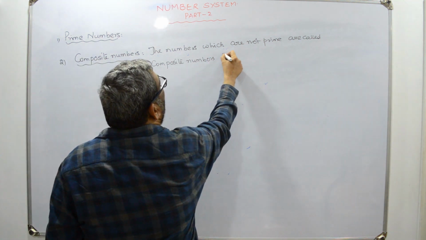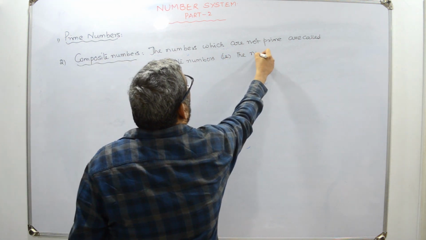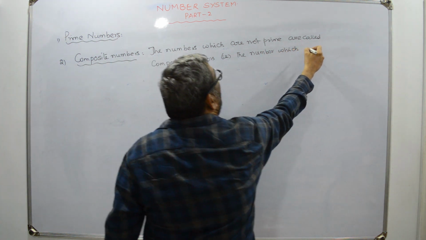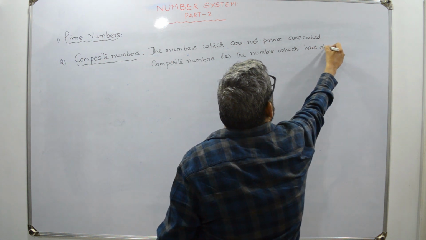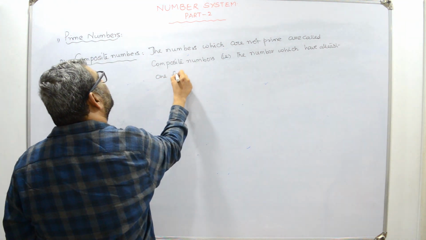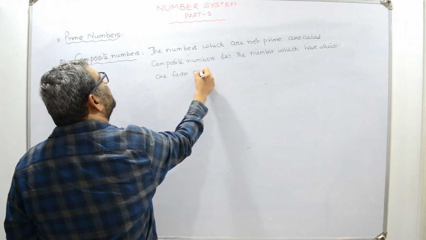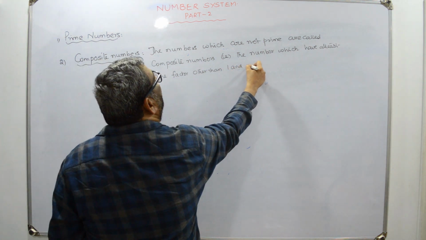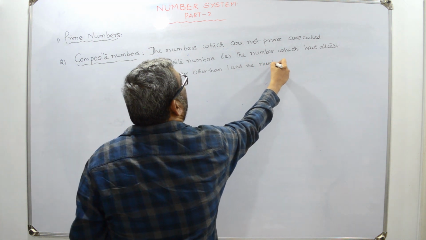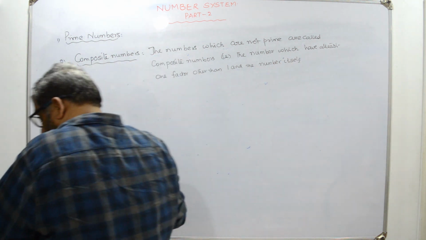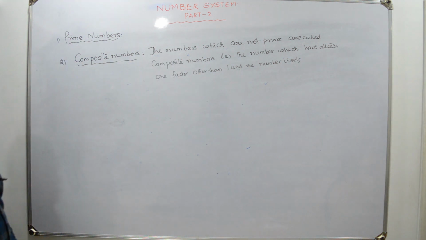That is, the numbers which have at least one factor other than 1 and the number itself. So this is about a composite number.